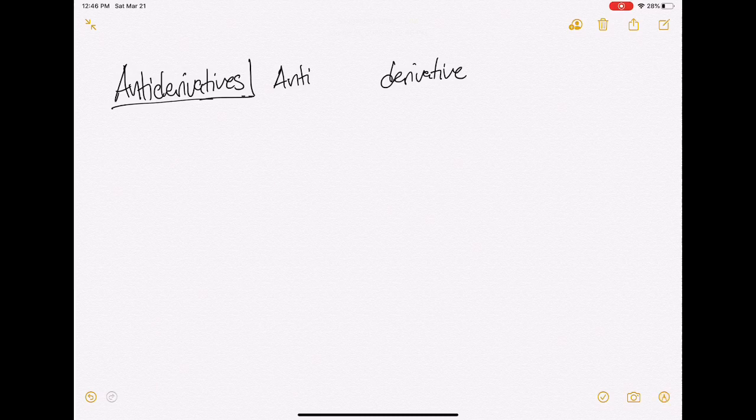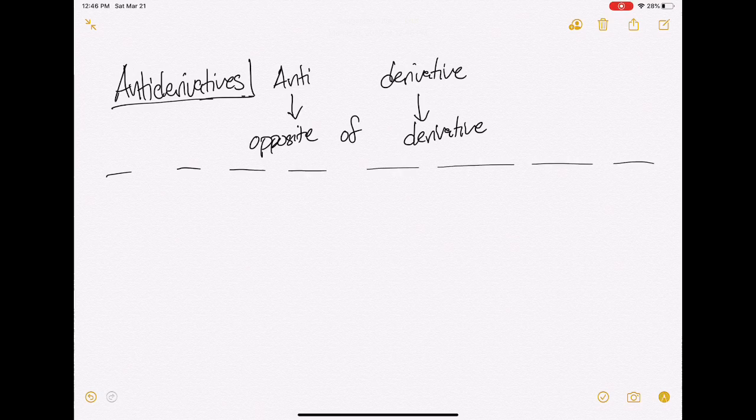It means the opposite. And derivative is exactly what you would expect it to be. It's the opposite of a derivative. Basically, in some sense, what this means is that we're going from f prime of x to f of x.